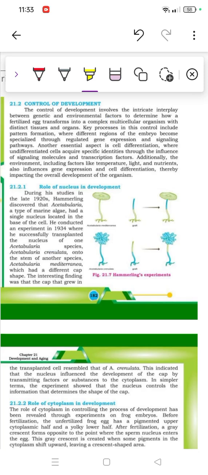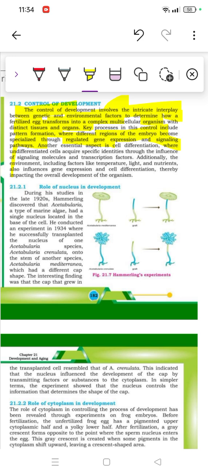So let's start. The control of development involves an interactive interplay between genetic and environmental factors, which determine how a fertilized egg, which is simply the zygote, both are the same thing, transforms into a complex multicellular organism. Complex means quite difficult. As we know, a human being is quite a complex structure because it has so many distinct tissues, organs, and all. The key process is pattern formation, the different regions of the embryo specializing through gene expression, which is also quite important, either in signaling pathways.